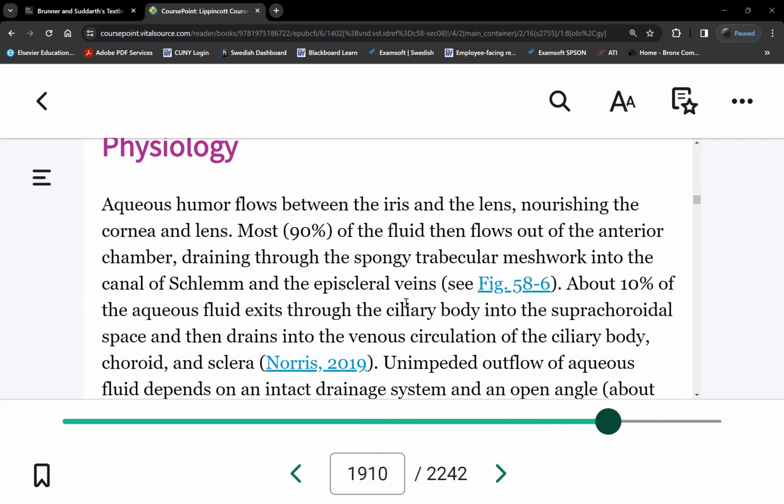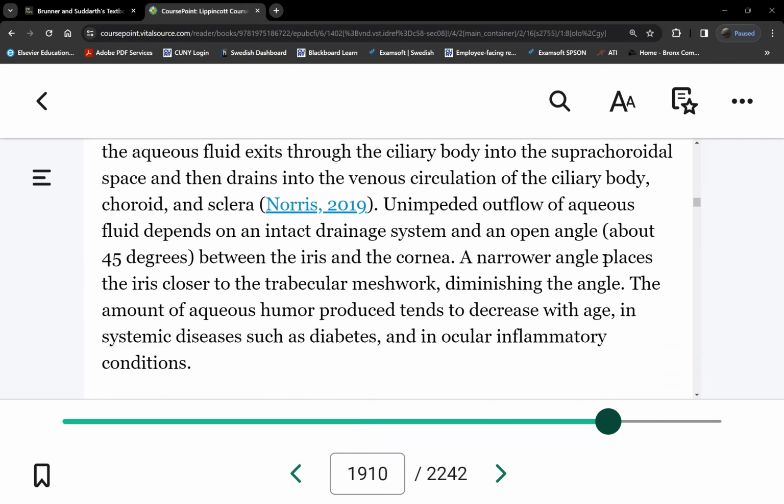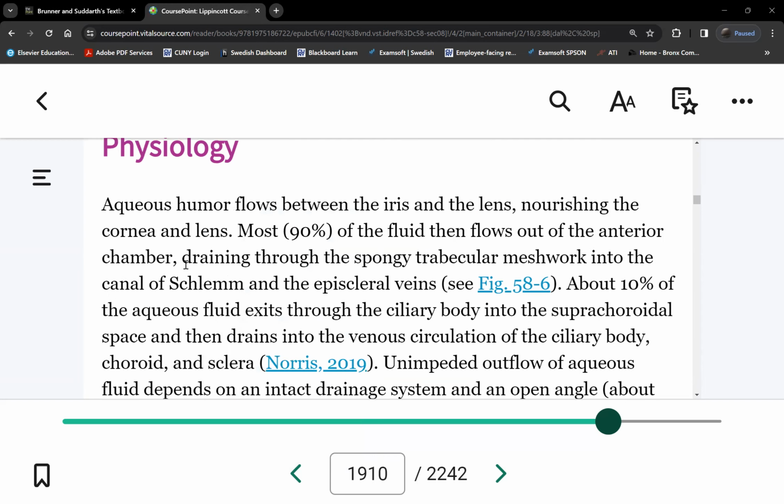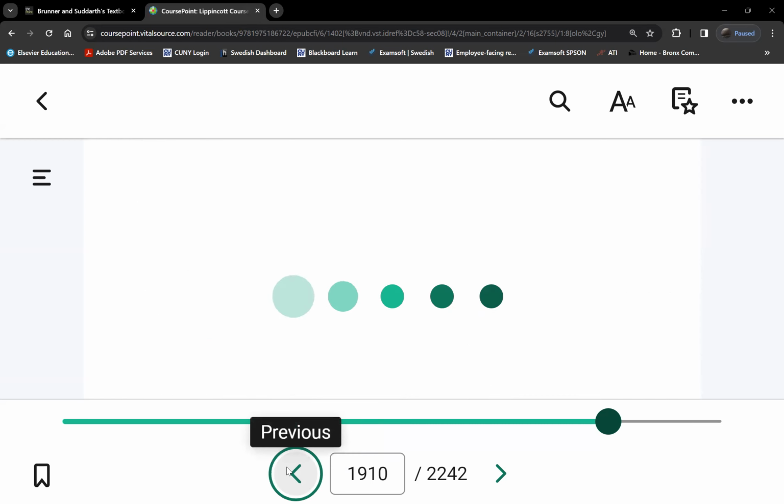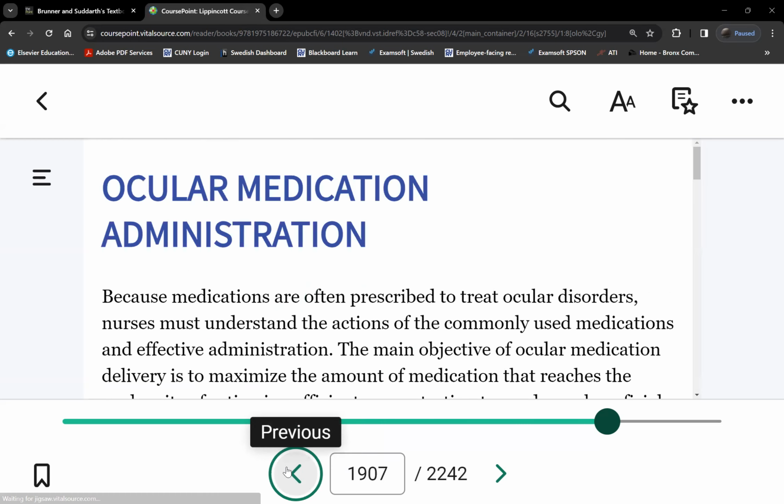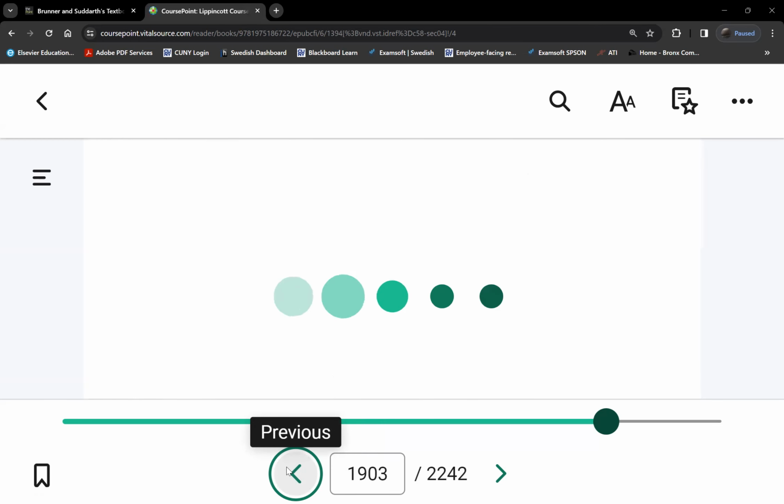Okay, when you see a mention here about the word angle, it's really referring to, let me go back a previous page to the anatomy.